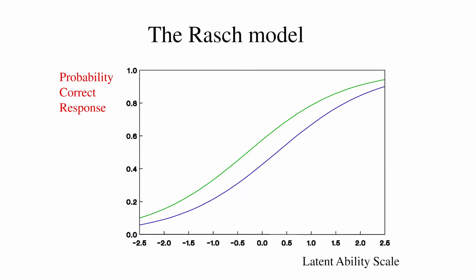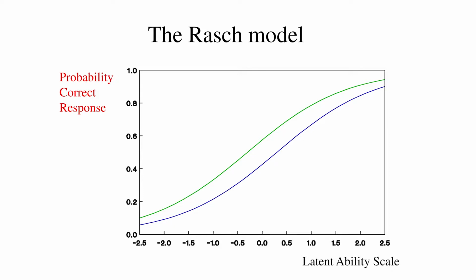The Rasch model defines a set of response curves. On the x-axis you see the latent ability scale, so that would be length, it's a latent variable. And on the y-axis you see the probability of a correct response, the probability of a yes response. And what you see, the two curves are two response curves for two items.